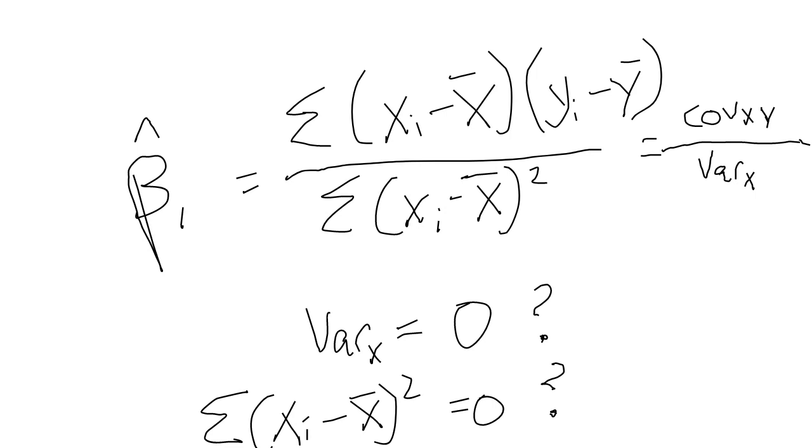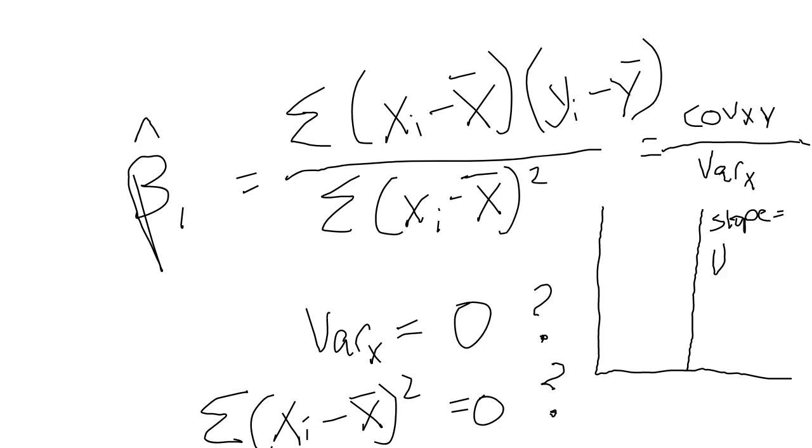And that actually carries over, if you remember like high school algebra, you might remember that the slope is undefined for a vertical line. And so when will the line of best fit be a vertical line? It's when every data point has the same x value.